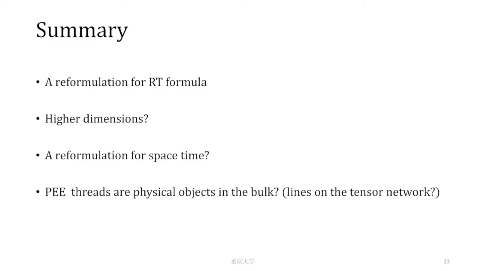Then this means that the dual system, the CFT side, has a finite number of degrees of freedom. If you use a tensor network to describe the entanglement structure for those discrete systems, then this means that the bulk theory has a finite Newton constant. Yeah, I guess that's right.